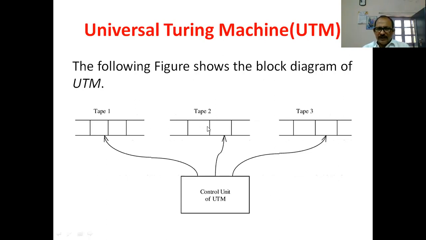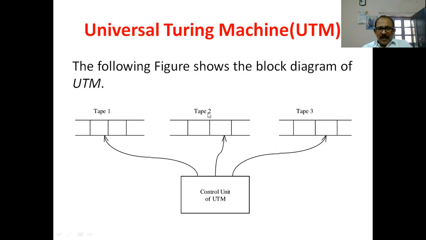Tape 1 contains the description of the Turing machine, tape 2 contains the input, and tape 3 contains the state of the Turing machine.